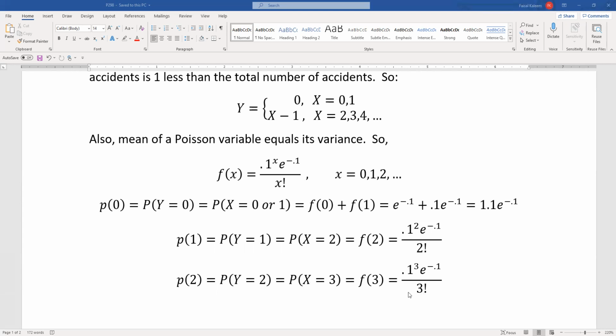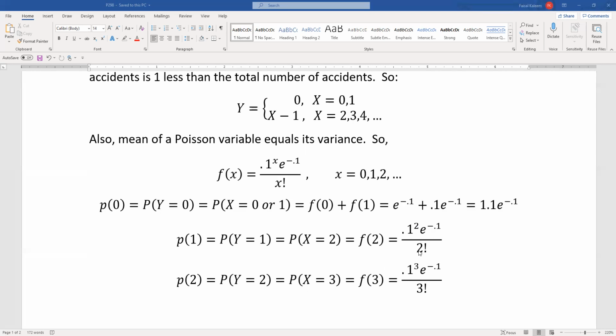Now we see the pattern: P of Y will always be 0.1 power Y plus 1, because when we have 1 here, we have 0.1 power 2, and when we have 2 here, we have 0.1 power 3. Then it's always e to the negative 0.1.